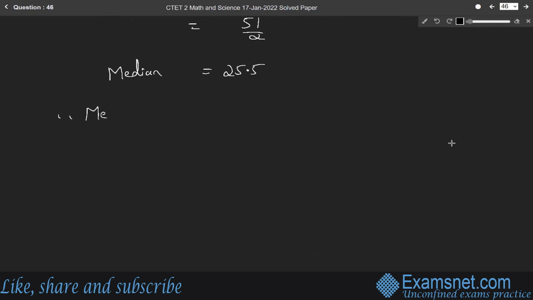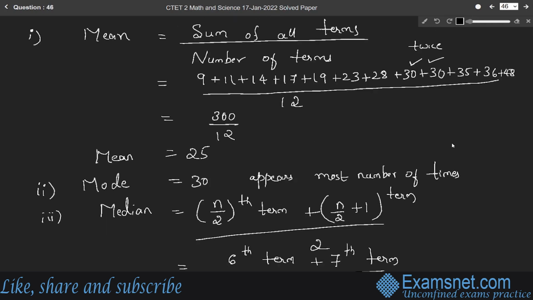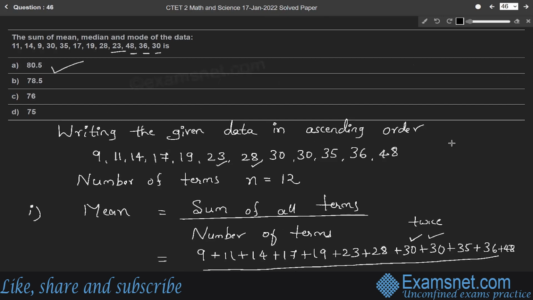Therefore, sum of mean, mode and median, where mean is 25, mode is 30, and the median is 25.5, is equal to 80.5. Therefore, the answer is 80.5, option A.